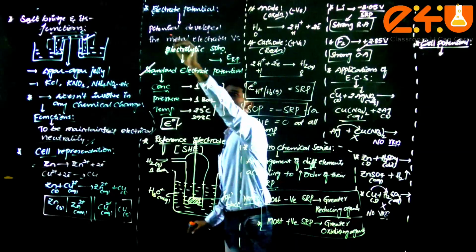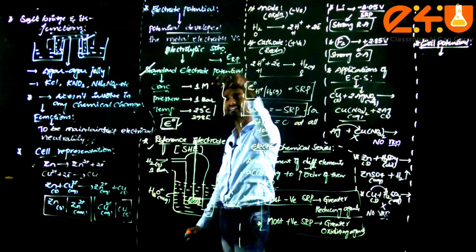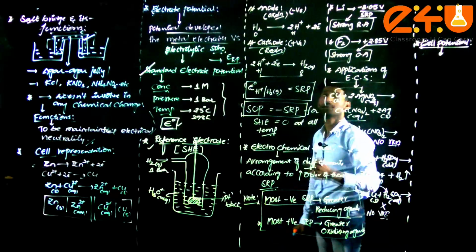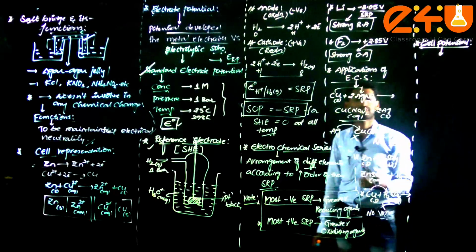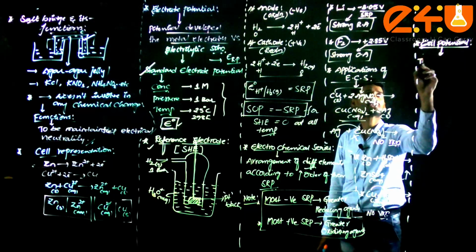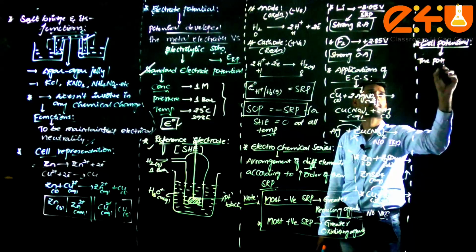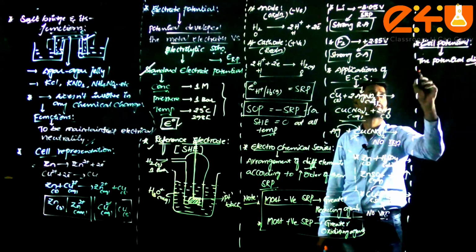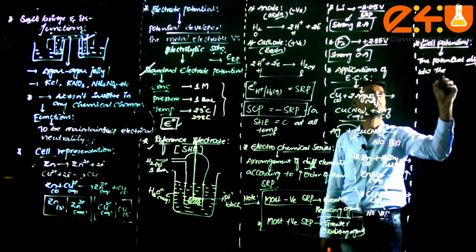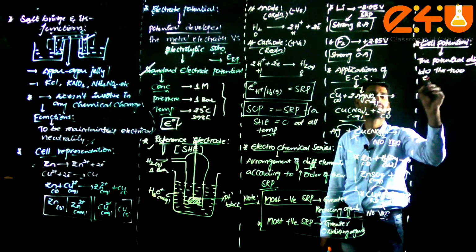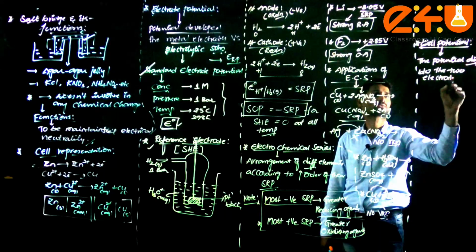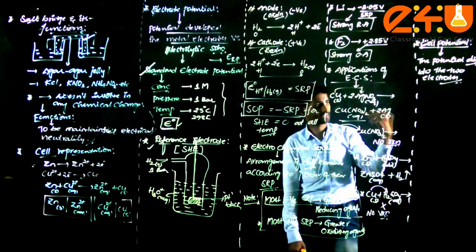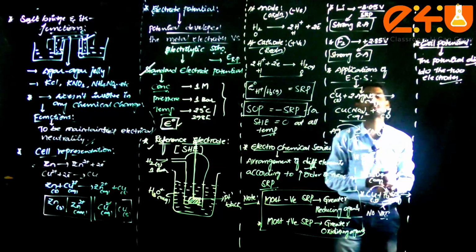Electrode potential means the potential developed between the metal electrode and the electrolytic solution. But in case of cell potential, how to define? The potential difference between the two electrodes present in the solution, that is called cell potential.